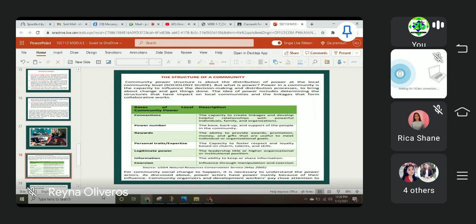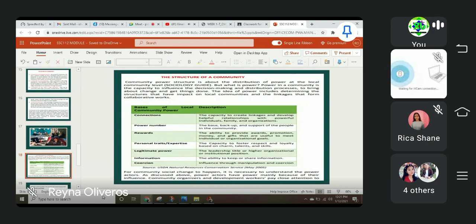Next, yung power number. Pag sinabi nating power number, the base that is back up and support of the people in the community. Gaano ba karami yung nakatira sa isang komunidad? 'Di ba? Minsan yun yung tinitingnan. Sumunod is the personal traits and expertise. So the capacity to foster respect and loyalty based on charm, talents, and skills. Next is the legitimate power. Okay?